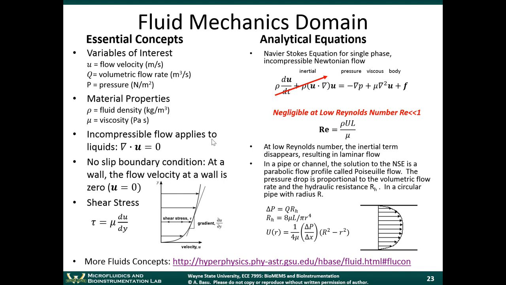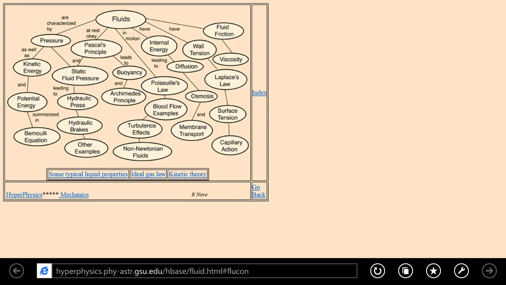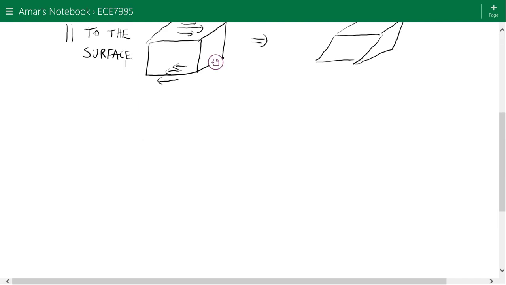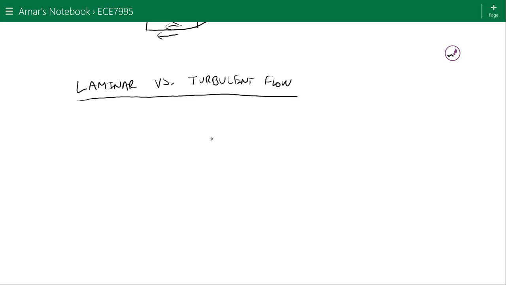Let me give you one example here. This is another classic schematic for describing laminar versus turbulent flow. It's a nice example because it describes the concept well. Let's say you have a static object, a rock, and there's fluid going past it.